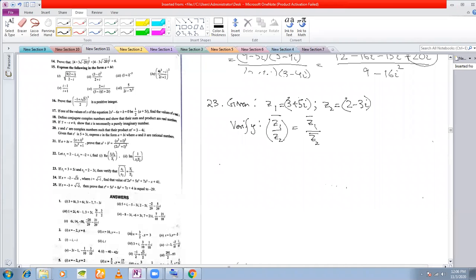Okay, so what you do here is you start from the left hand side, that is the conjugate of the quotient. You first write it in the form a plus ib. You multiply the numerator and the denominator by 2 plus 3i.